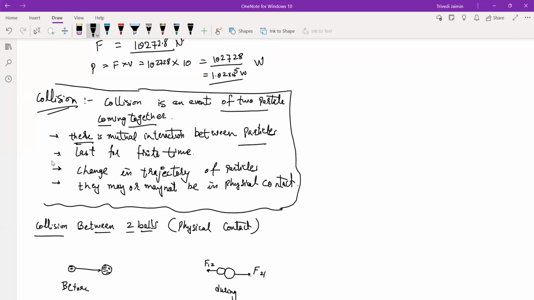And it might change, not always, the trajectory of the particle. Trajectory means direction. So they may or may not be in physical contact.